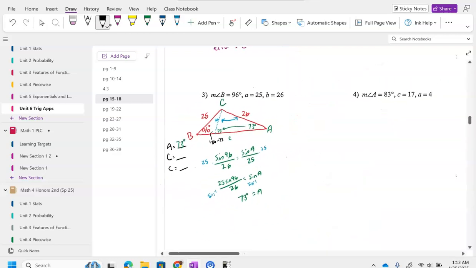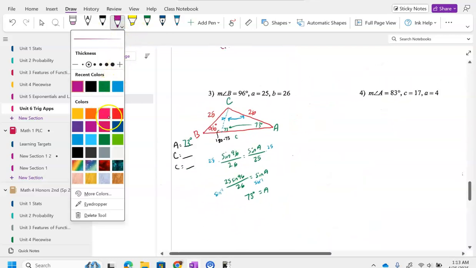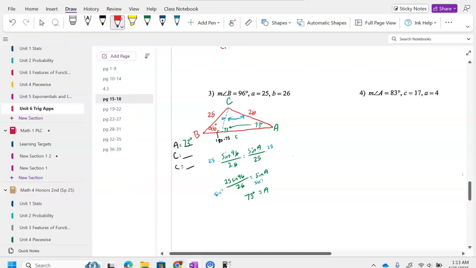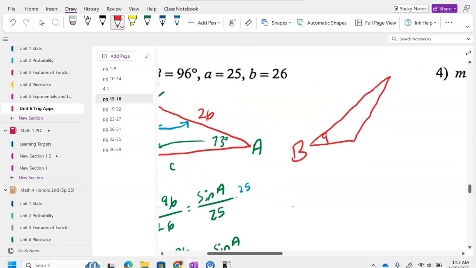So in our second triangle, I'm going to go ahead and draw it. I'm not finding anything else. I am setting up the second triangle right away. Our second triangle roughly looks like this. We still got the 96. Remember, in that second triangle, all the other stuff that I gave you to begin with still exists.